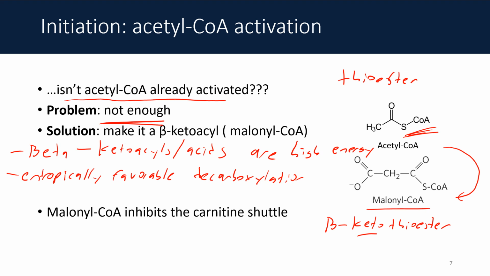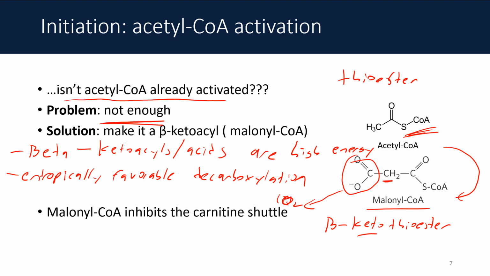This COO minus group is going to pop off as a CO2, which can open the door for establishing a new, longer carbon-carbon chain based off of this position. The entropics of releasing a CO2 is what will drive fatty acid synthesis towards the product direction.